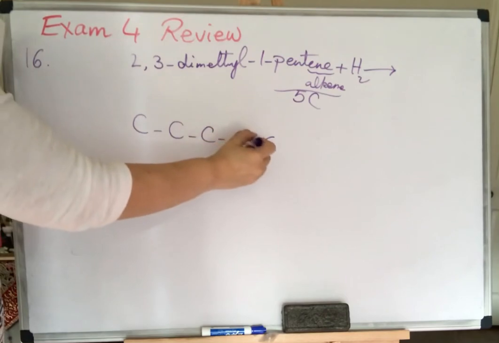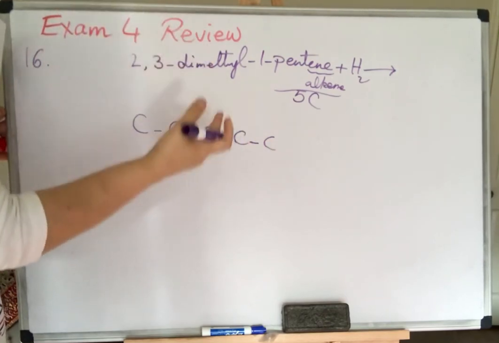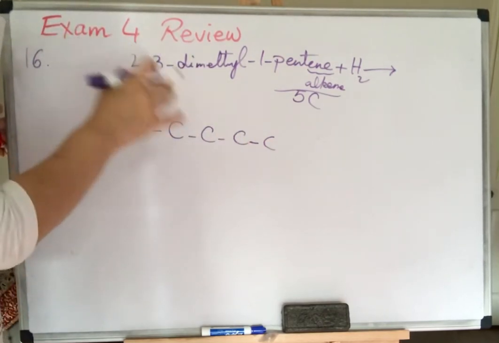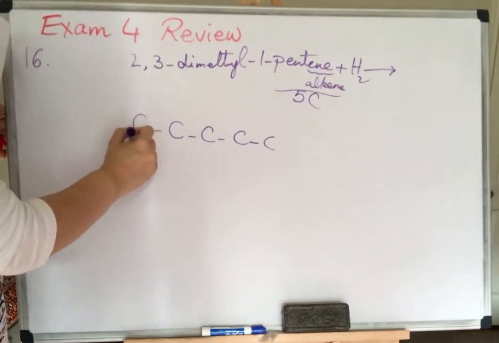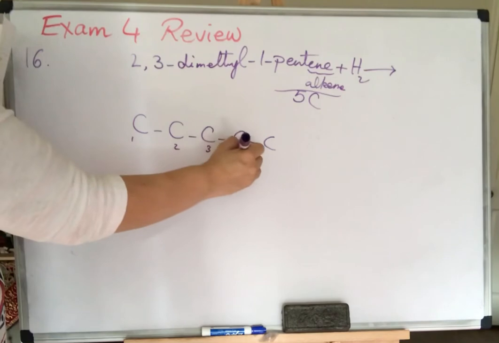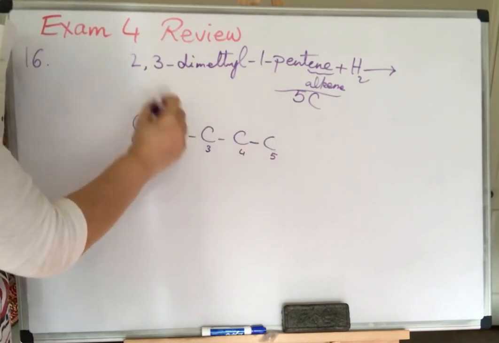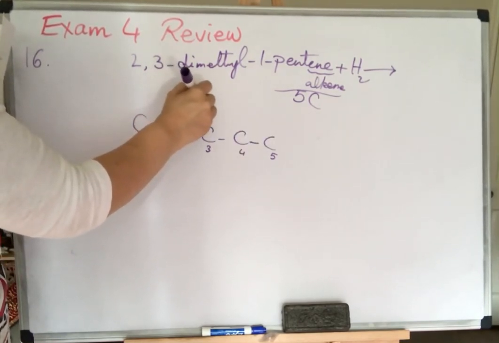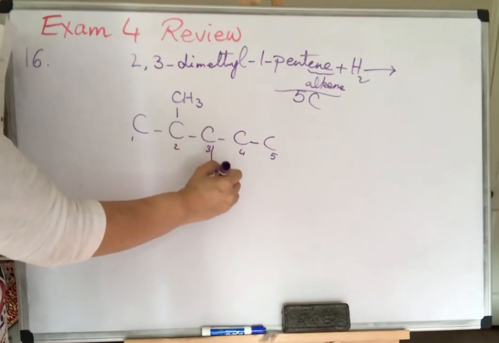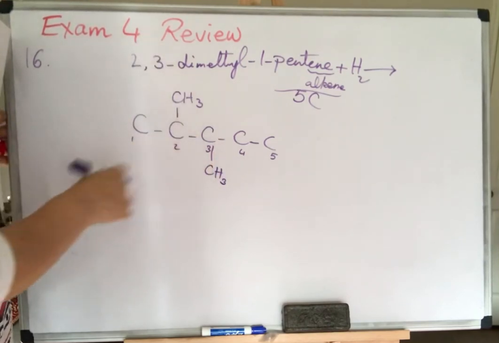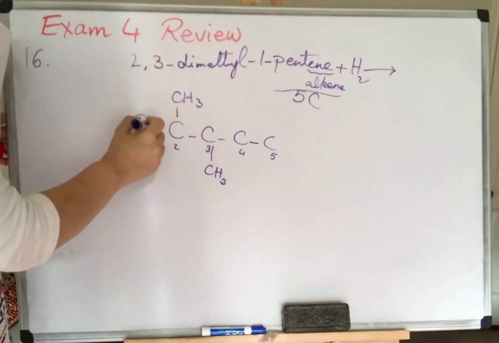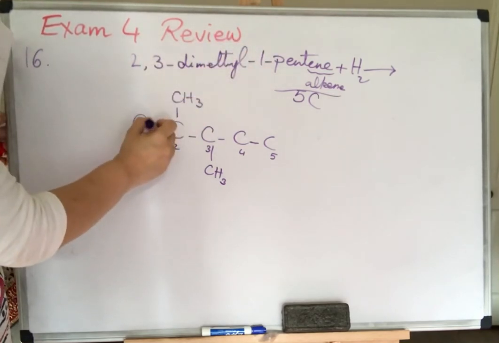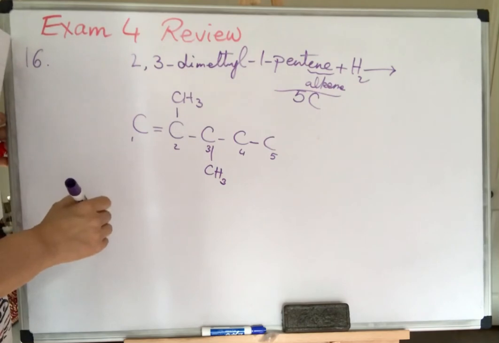Let's put these branches, and then at the end we go ahead and complete the octet by putting enough hydrogens. 2 and 3 dimethyl. So if I number them from left to right, 2 and 3 are carrying 2 methyl groups. 2 and 3 doesn't matter if you put the methyl groups on top or on the bottom. And you have 1 pentene, means the double bond is between carbon number 1 and carbon number 2.